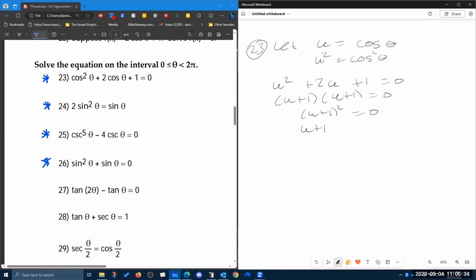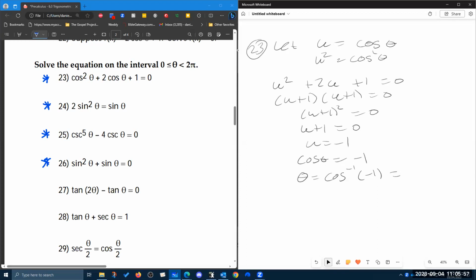That means that u plus 1 is equal to 0, and u is equal to -1. We make our substitution back to replace u with cosine of theta, and then we solve this equation to say that theta is arc cosine of -1.